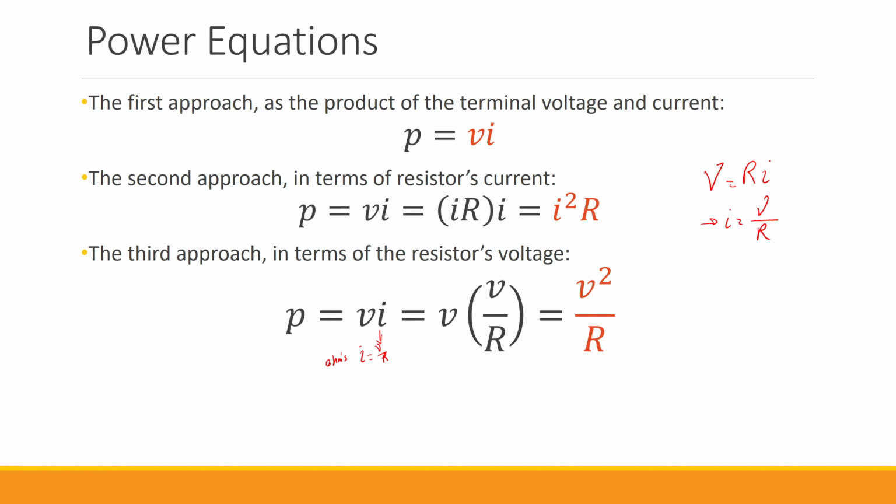R would be equal to 1 over G, resistance equals 1 over conductance, which makes G being equal to 1 over R. So these two equations are completely equal. So anywhere in these equations, if you replace R with 1 over G, you can find equations for calculating the power consumed by a resistor based on its conductance.